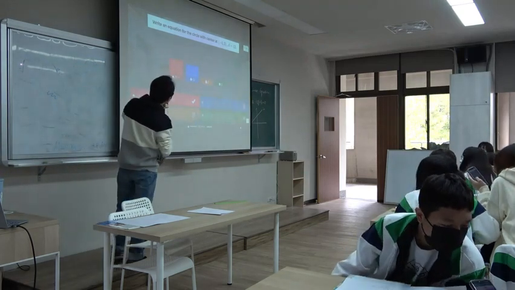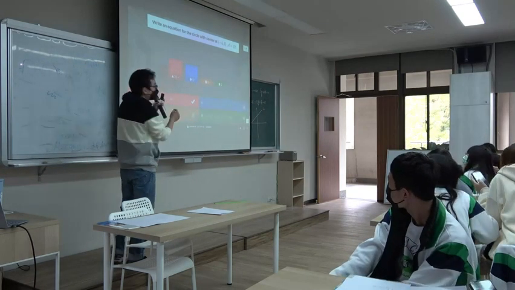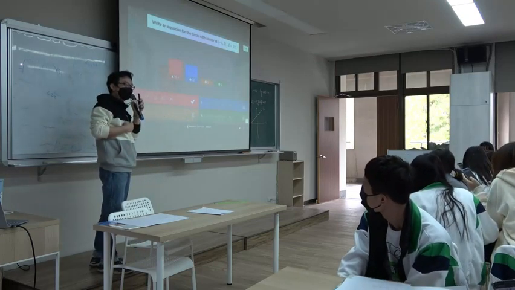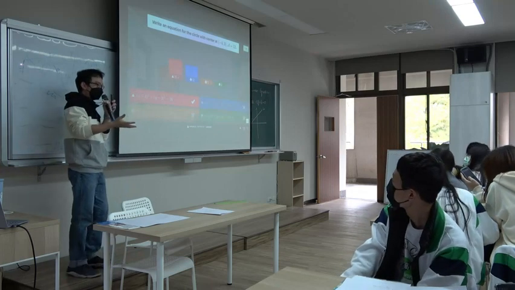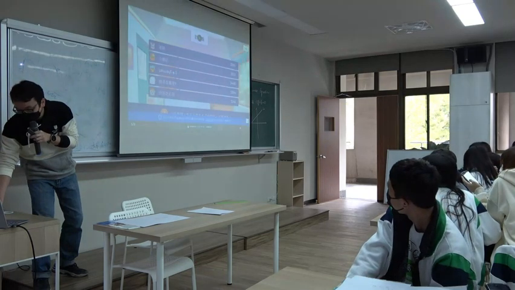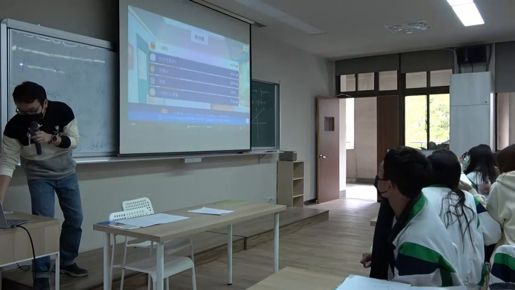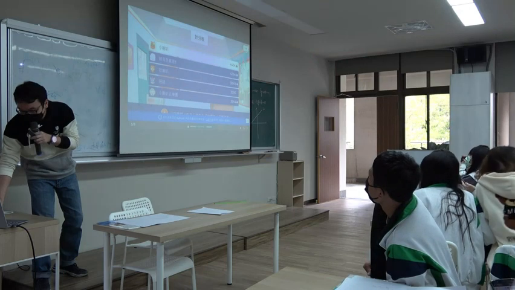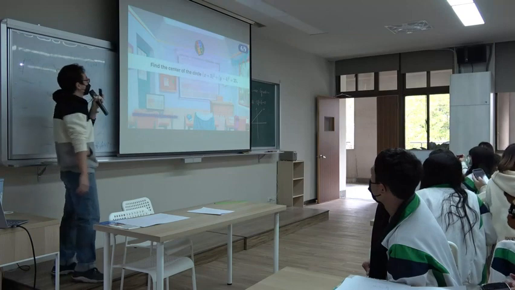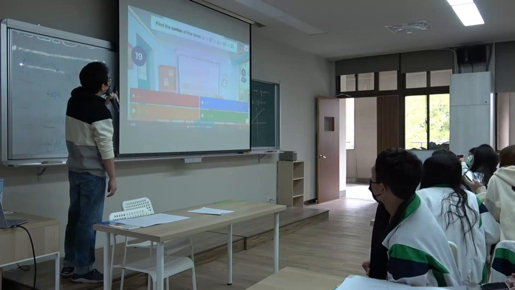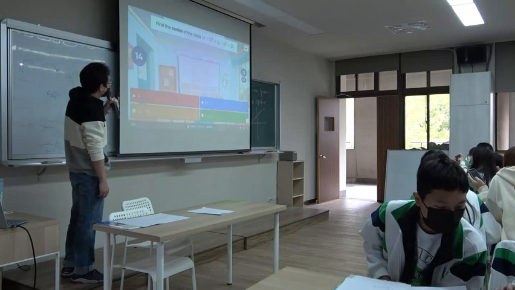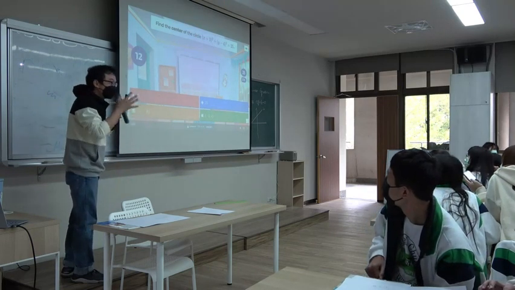等一下，为什么那个会这么多人选？啊，被骗到了。D 是 diameter，我们刚刚不是有练习吗？好，赶快！Find the center of the circle. The center, not radius.